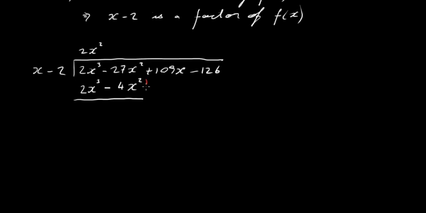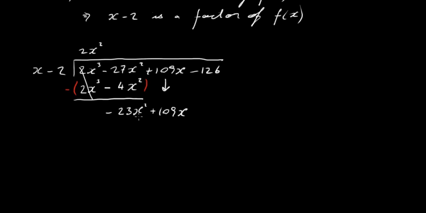Okay, so let's just put a bracket around this, and we're going to subtract. So plus 2x cubed minus 2x cubed, that will give us 0. Minus minus, this becomes a plus here. So we've got minus 27x squared plus 4x squared. That's minus 23x squared. We're going to bring this down here, so that's just plus 109x. Then we start again.